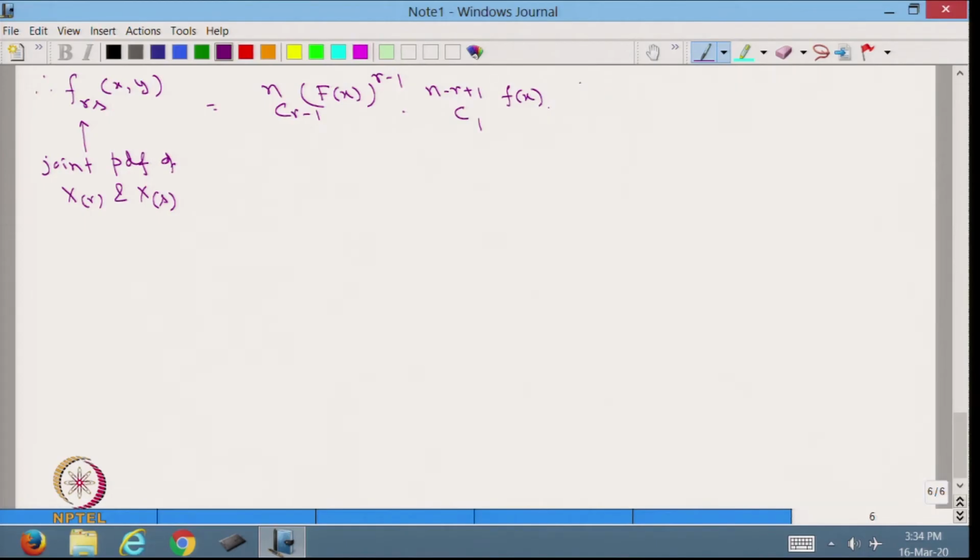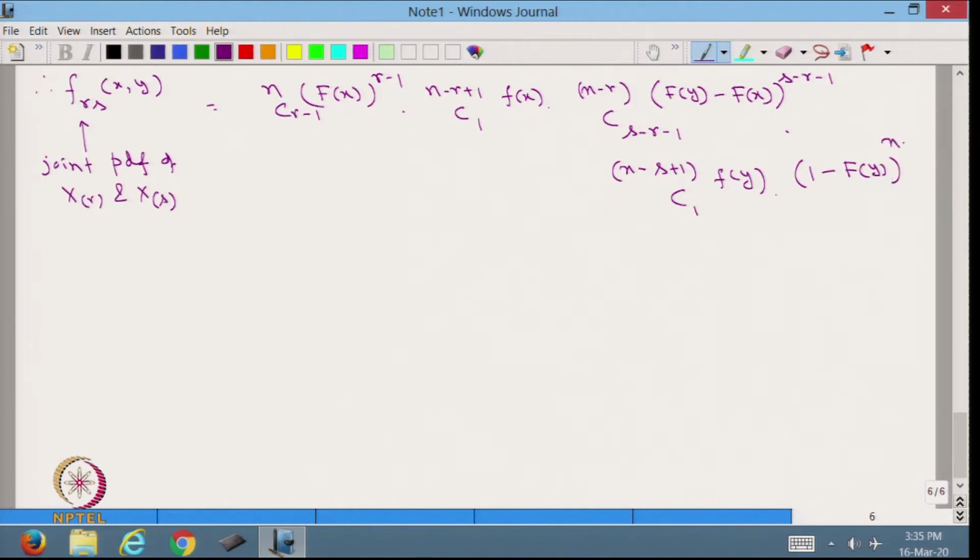Out of the remaining n minus r, we choose s minus r minus 1. We assign the probability F(y) minus F(x) to the power s minus r minus 1. Then out of n minus s plus 1, we choose 1, give the value f(y), and the remaining n minus s get (1 minus F(y)) whole to the power n minus s.